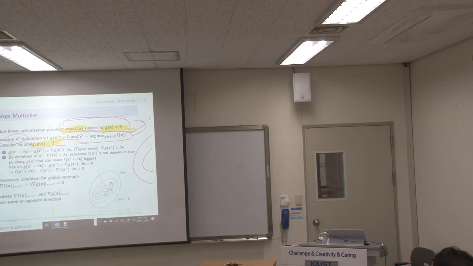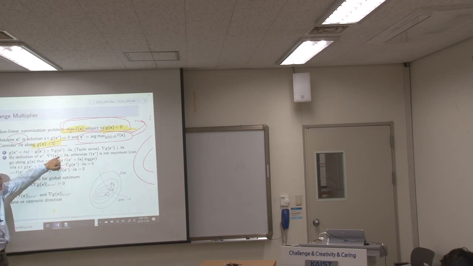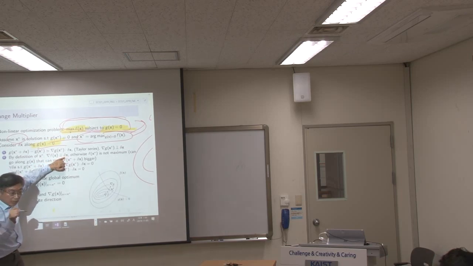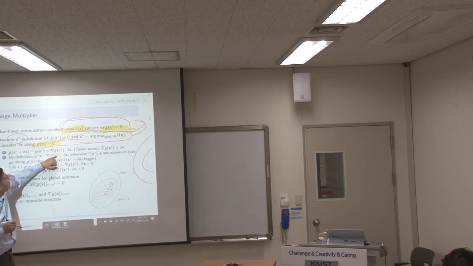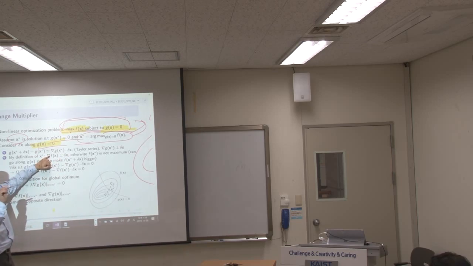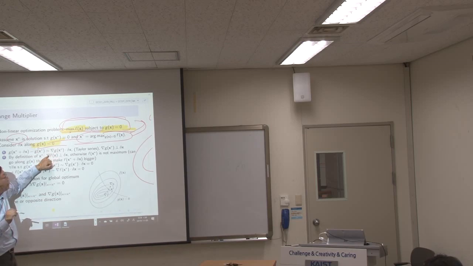Why is that? I'm going in the same direction along the g(x) contour, and this is the gradient of f(x). This will make f(x) bigger.